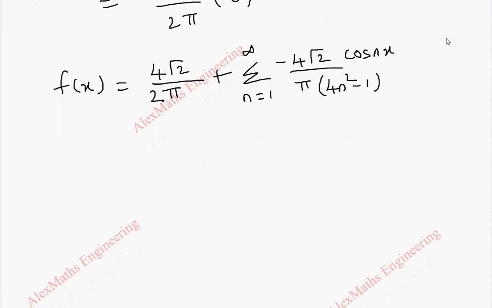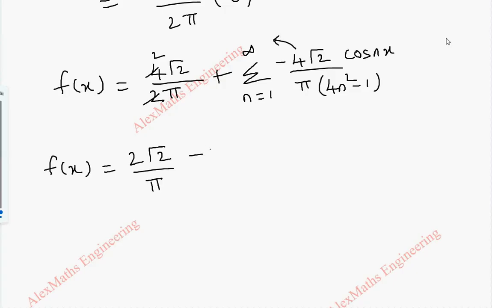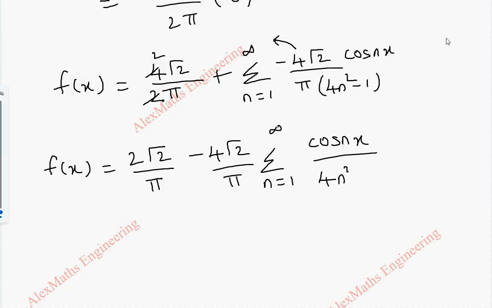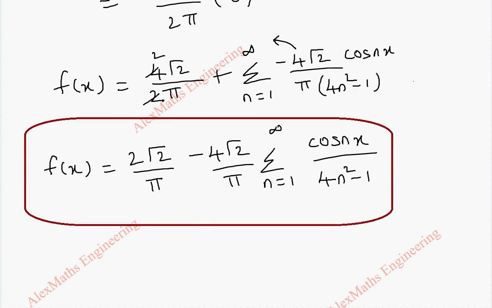On rewriting further, we are going to get f of x equal to, we can cancel this. So 2 root 2 by pi, and we can take the constant numbers outside. So minus 4 root 2 by pi summation n equal to 1 to infinity cos nx by 4n square minus 1.